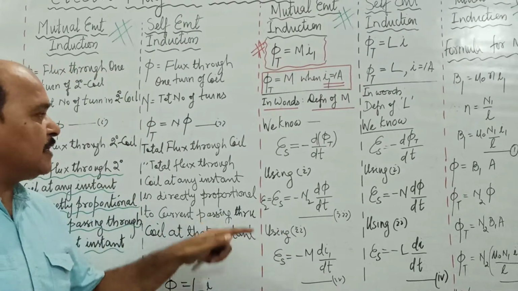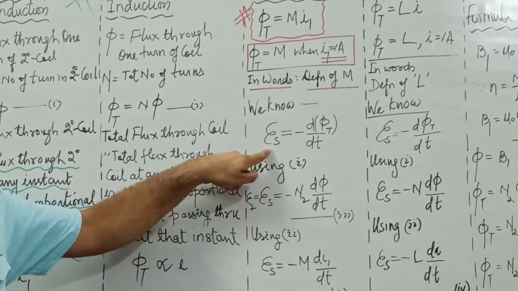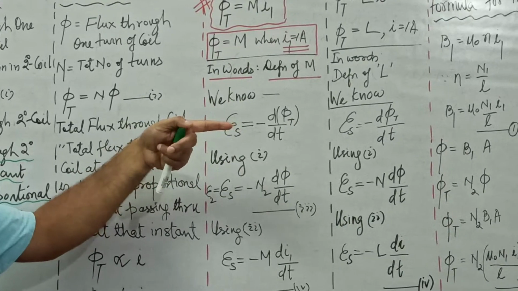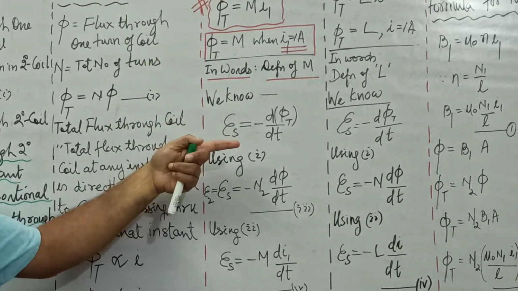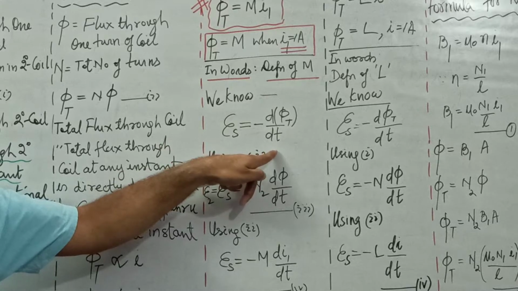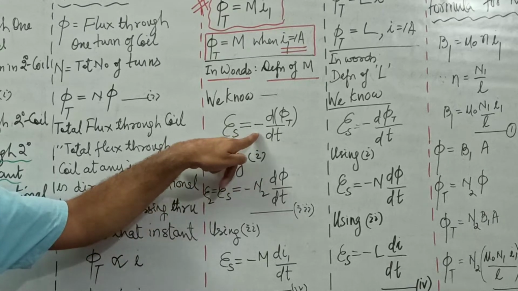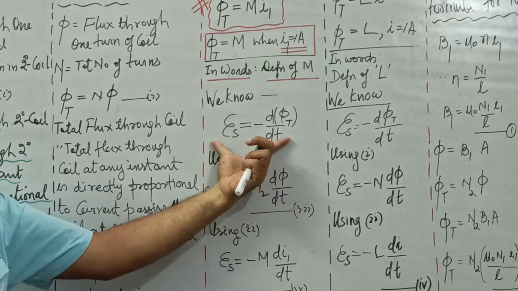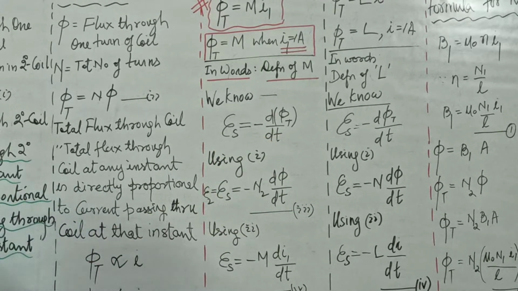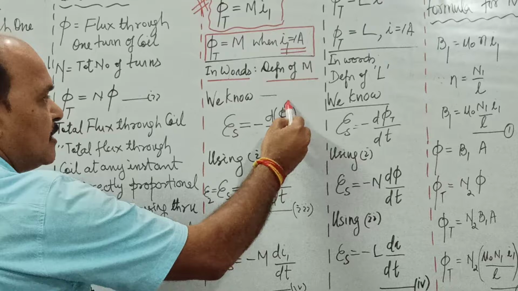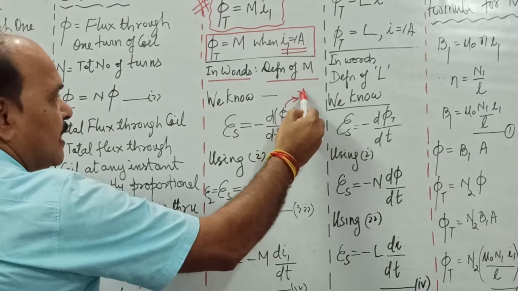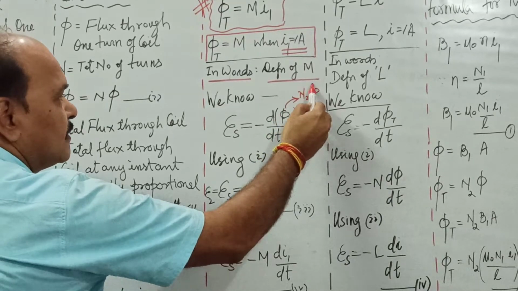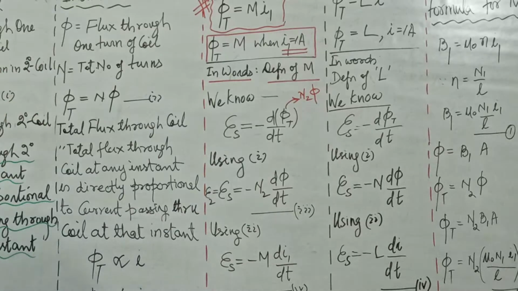Well, we all know that the induced EMF in any coil is directly proportional to the rate of change of flux. And this negative sign is because of Lenz's law. So we know this law of electromagnetic induction. Now if we substitute for phi t, N2 into phi, that is equation number 1.